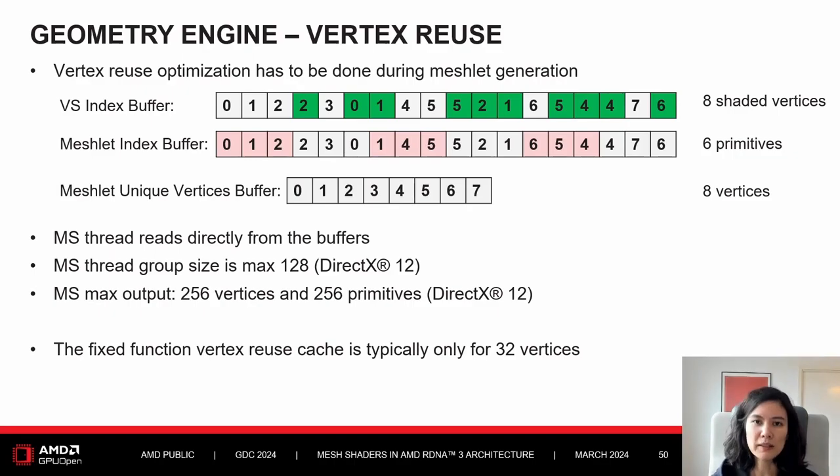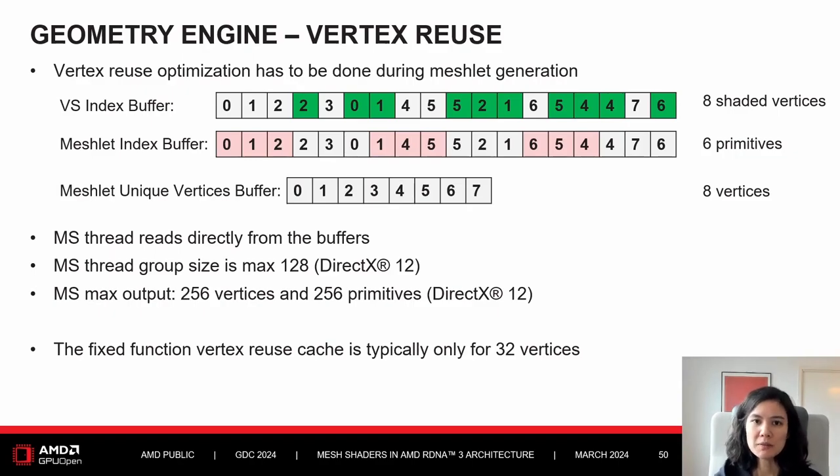We've seen this already in this presentation when Max talked about compression. There he had a per meshlet index buffer and a per meshlet unique vertices buffer. The index buffer encodes the primitive connectivity, and the unique vertices buffer contains all the vertices that are needed in this meshlet.